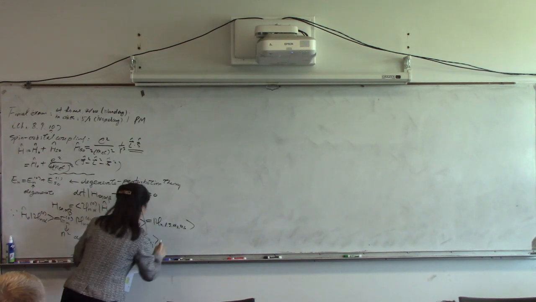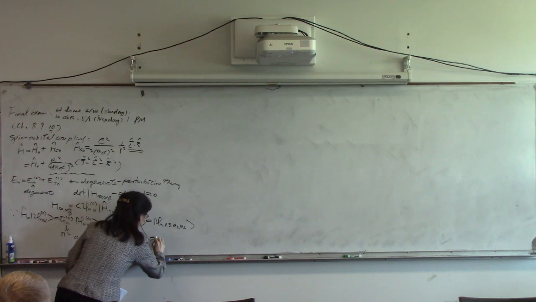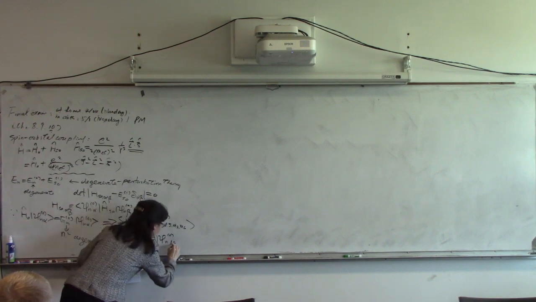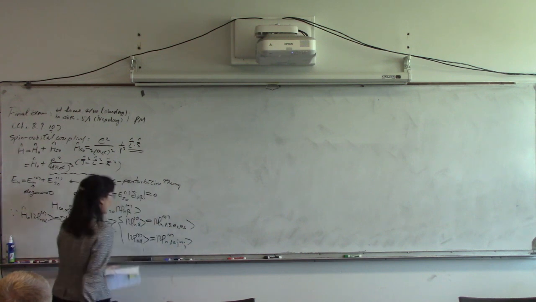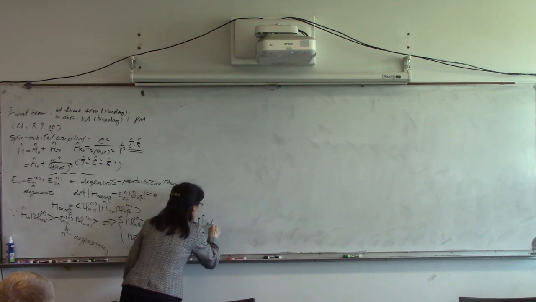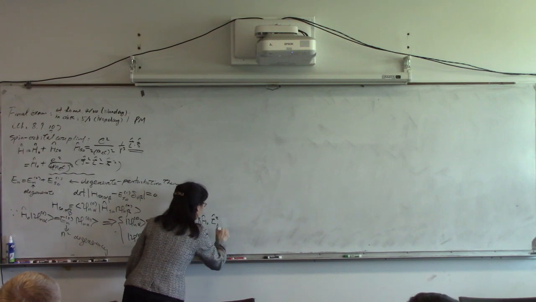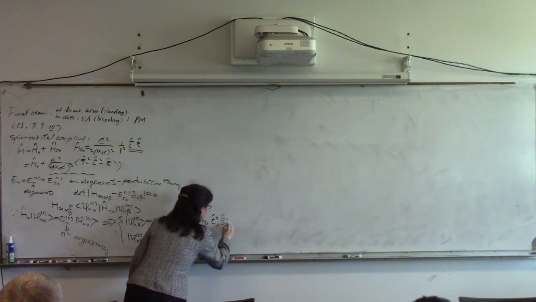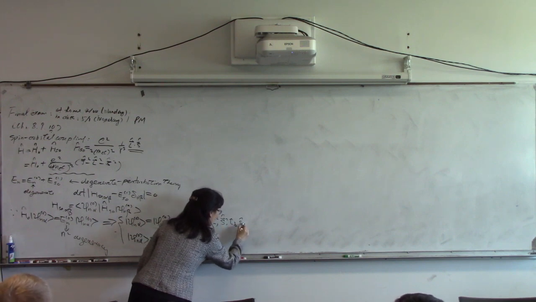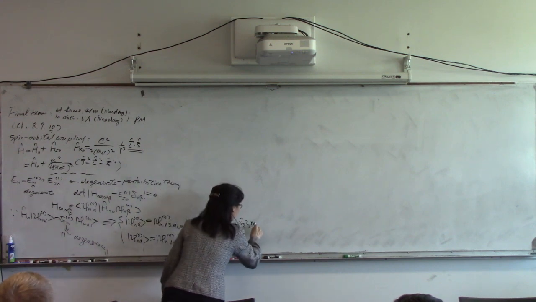In this case, alpha is the index n, L, S, J, M_J. Here, H naught commutes with L squared, S squared, LZ, SZ, which are mutually commuting.